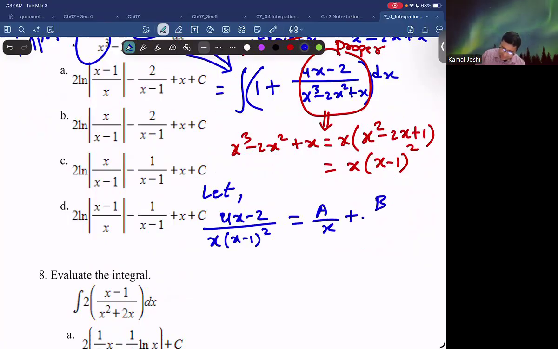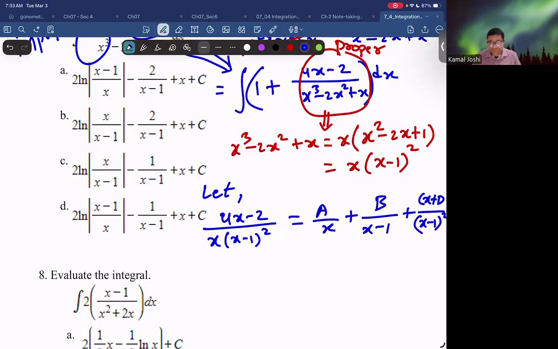We talked about two possible rational functions, right? b over x minus 1 and cx plus d over x minus 1 whole squared.